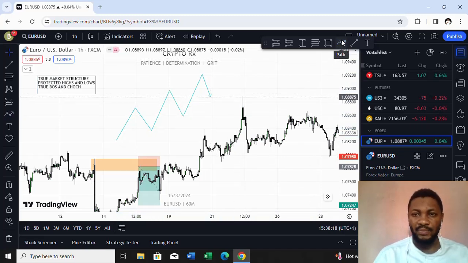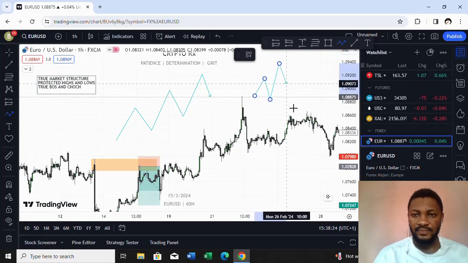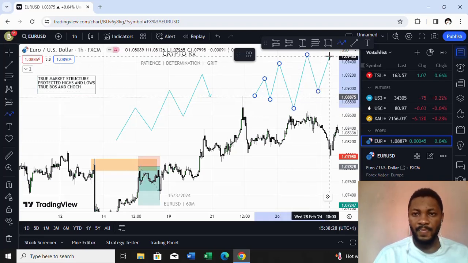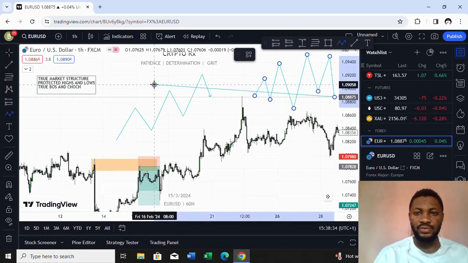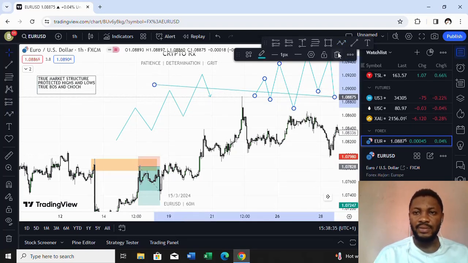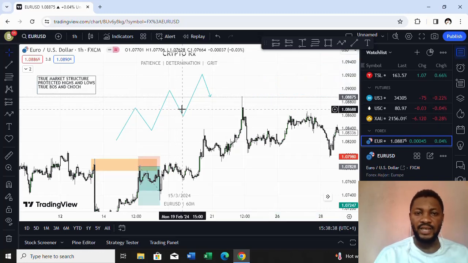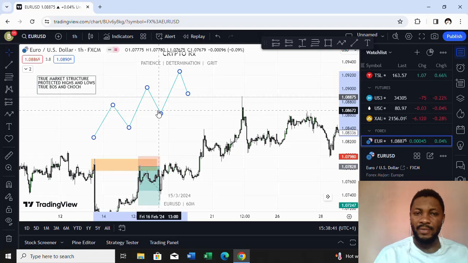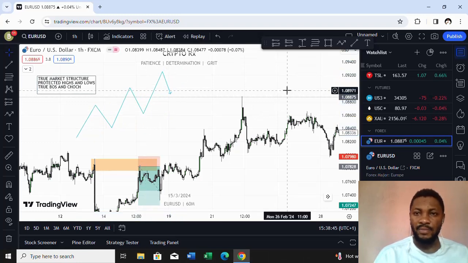Instead, you're going to be manipulated and you're going to see things like this, things like that. And that's truly how the market moves. It doesn't move straight like this. If the market moves straight like this, everybody will become a millionaire, everybody will make money and become a millionaire. That is not how the market moves.